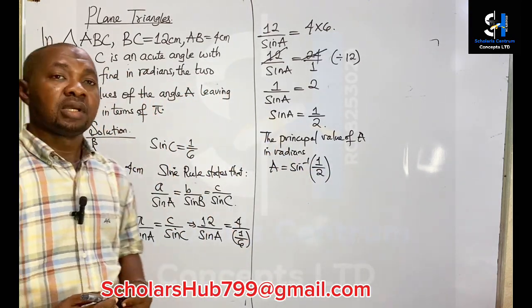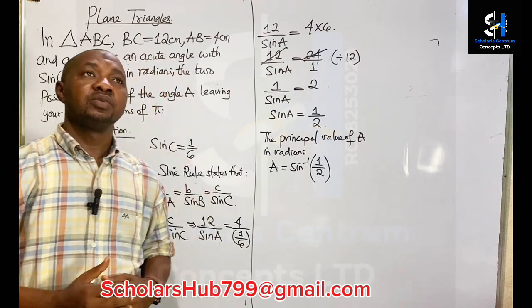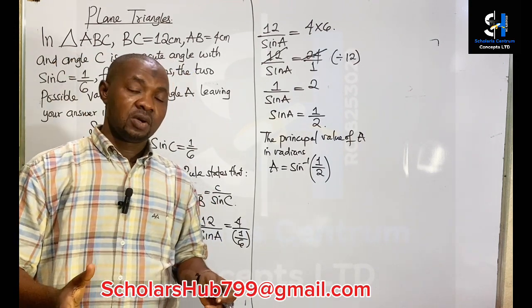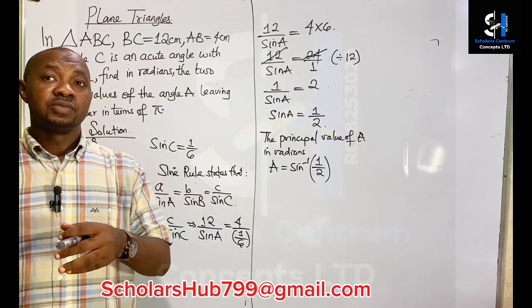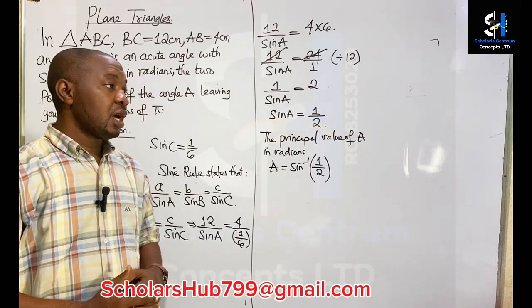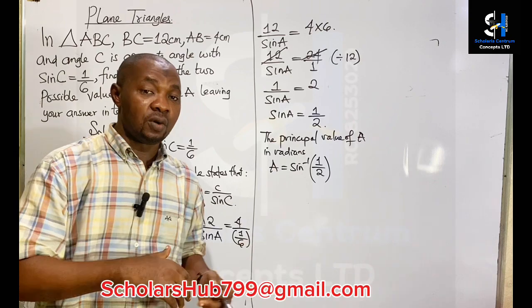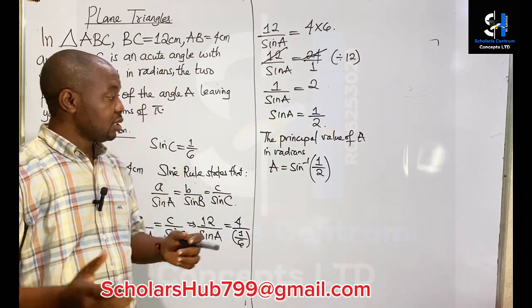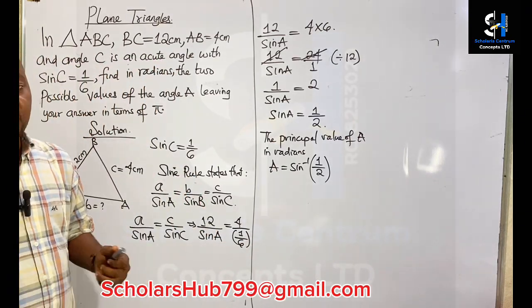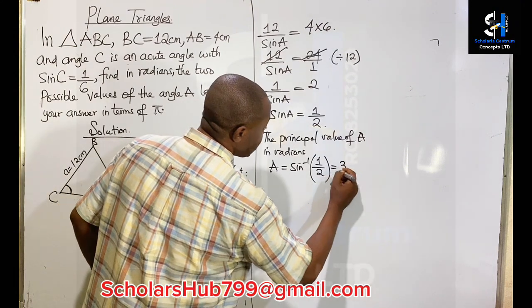We know that in degrees, sine 30 degrees equals 0.5, and when we take the arc sine of 1/2, that will be 30 degrees.